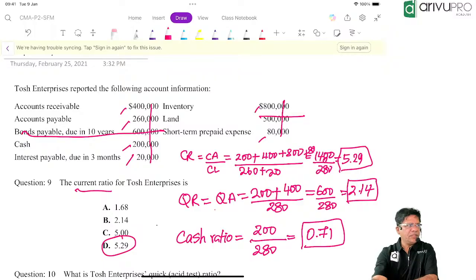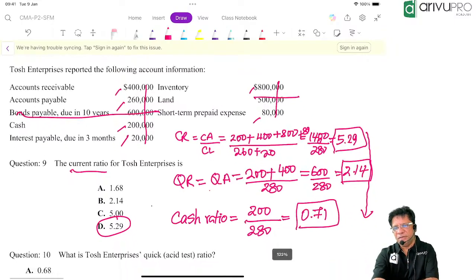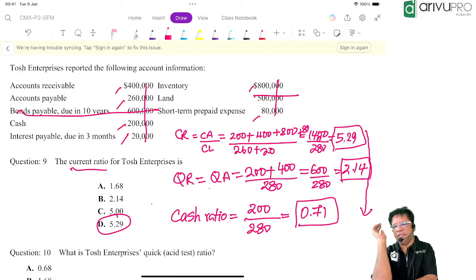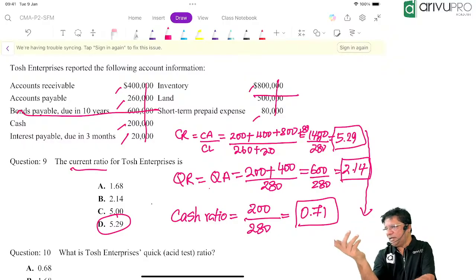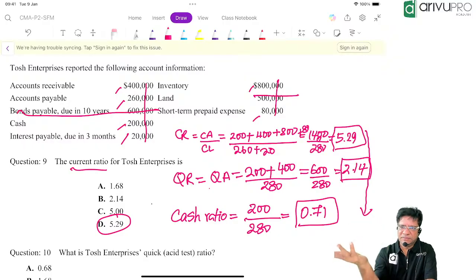Now, with the numbers, what are we understanding? From current ratio to quick ratio to cash ratio, they are reducing. We are going into the most conservative way of understanding these day-to-day ratios. But just like this, we are not going to understand many things until we compare to something.